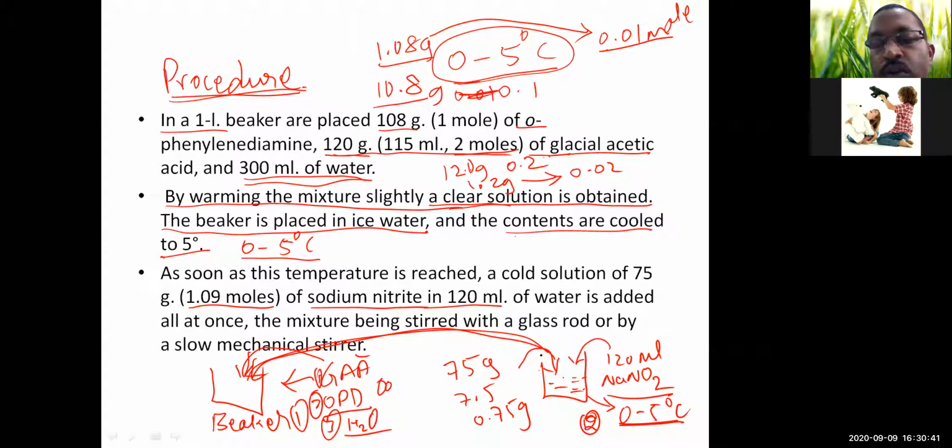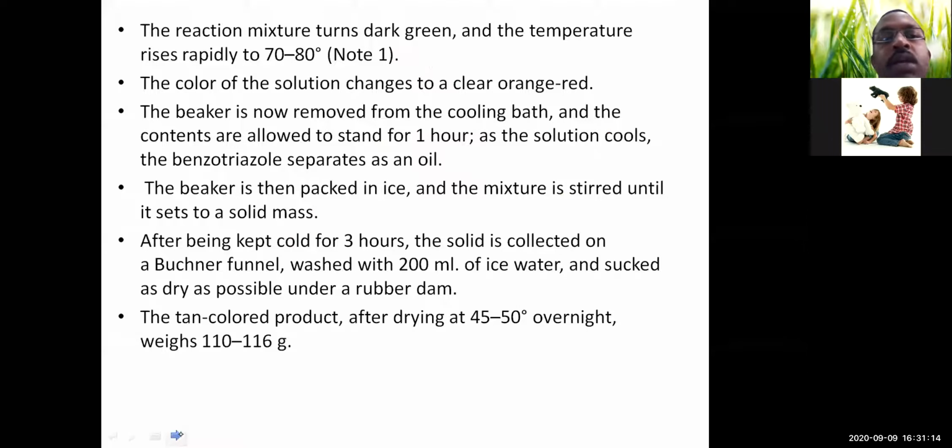So we have to add it dropwise, and maintain the temperature of beaker 1 while we are adding the contents of beaker 2 to beaker 1. To maintain the temperature in beaker 1, we may add a few pieces of ice to it, so that even after the addition of the sodium nitrite, any small rise in temperature can be prevented.